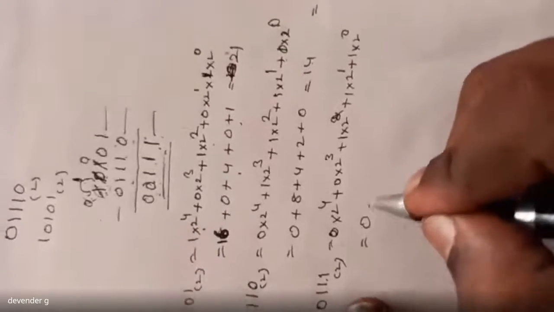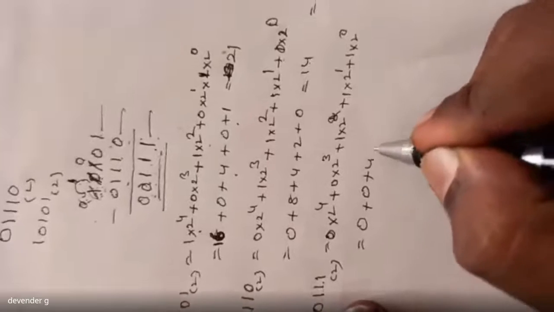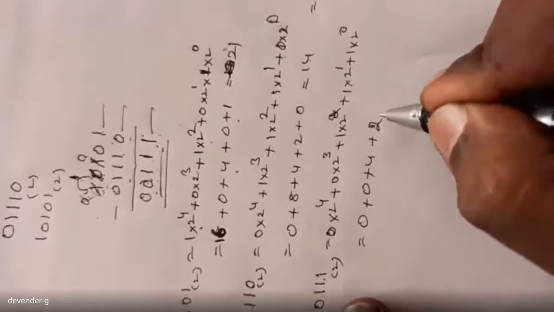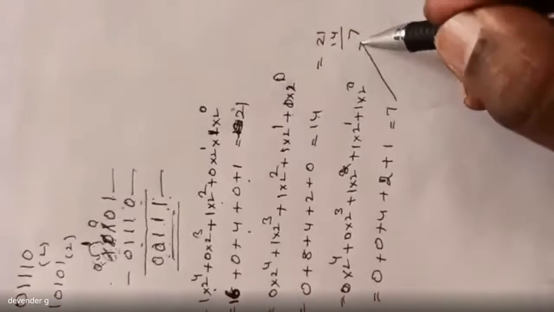So 0 plus 0 plus 4 plus 2 plus 1. So this is 7. Does it match? Yes, sir. So this is the rule you have to follow.